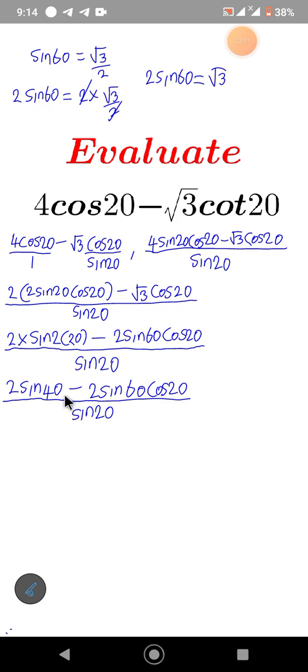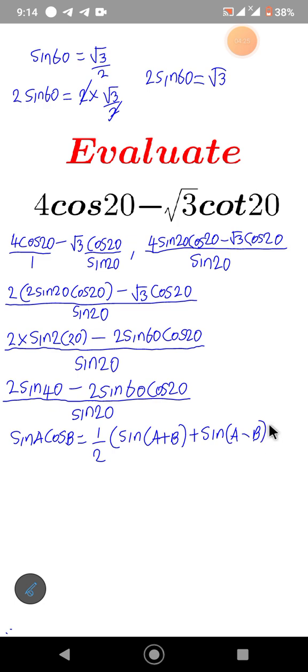So the product to sum identity says that sine A cos B is equal to 1 all over 2 open bracket sine bracket A plus B plus sine bracket A minus B. So this is the product to sum identity.